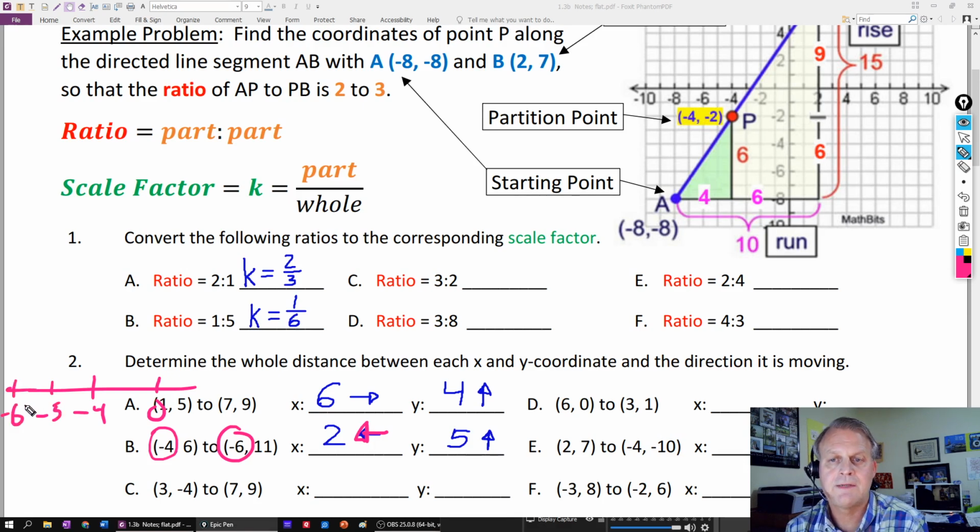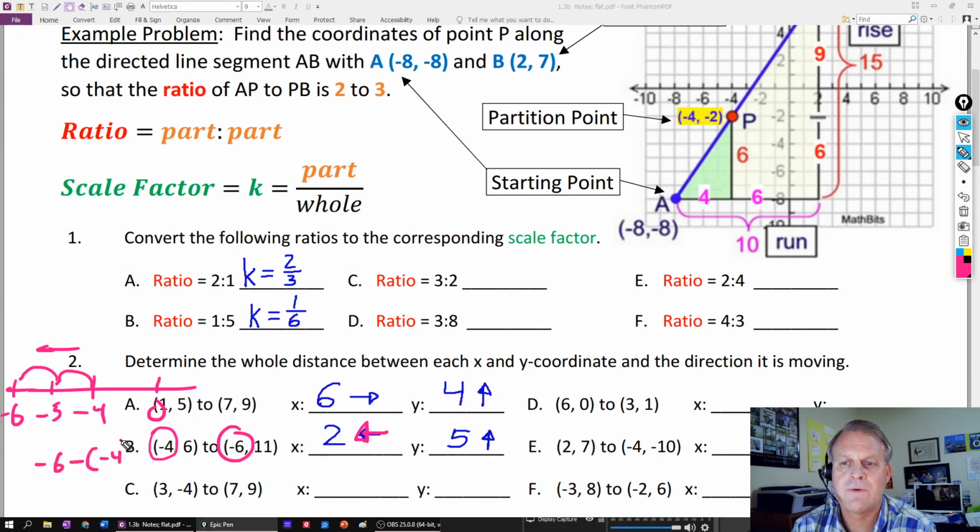So I'm going 2 steps to the left, to go from -4 over to -6. You could still do it as -6 minus -4, just like here we had 7 minus 1 gives us 6. So also -6 minus -4 gives us what? How do you do that?